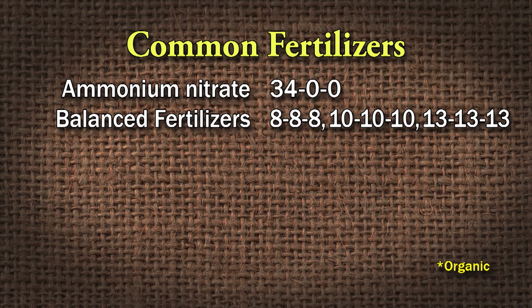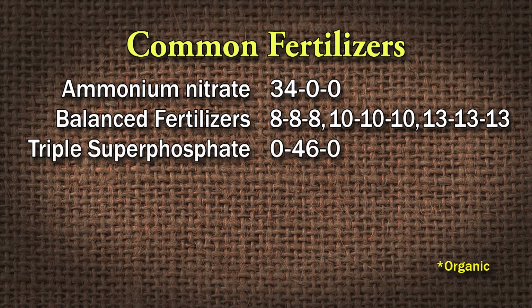So you also have triple superphosphate, which is 0-46-0. That is all phosphorus, roughly half by weight. You also have lawn fertilizers. You can use lawn fertilizers. Be very careful that it does not have any herbicides in it. That is good.